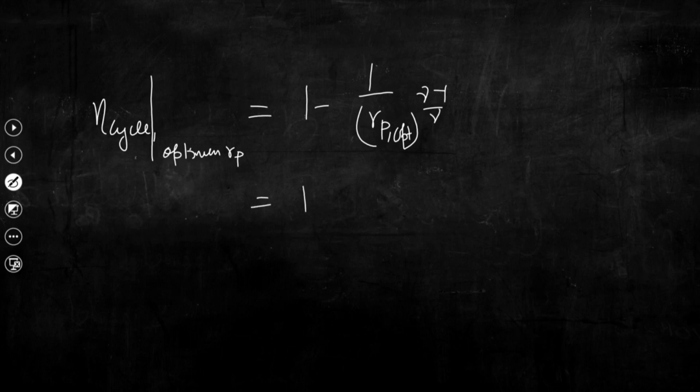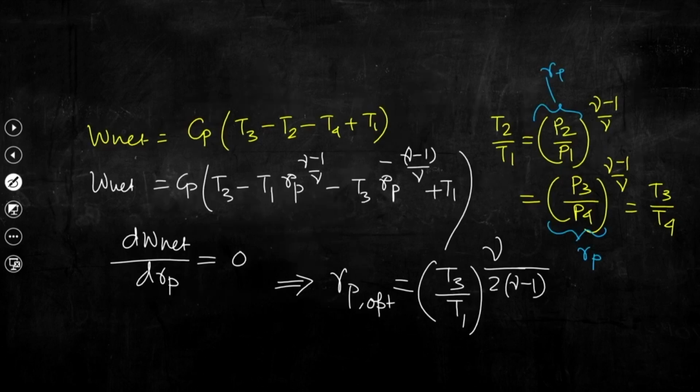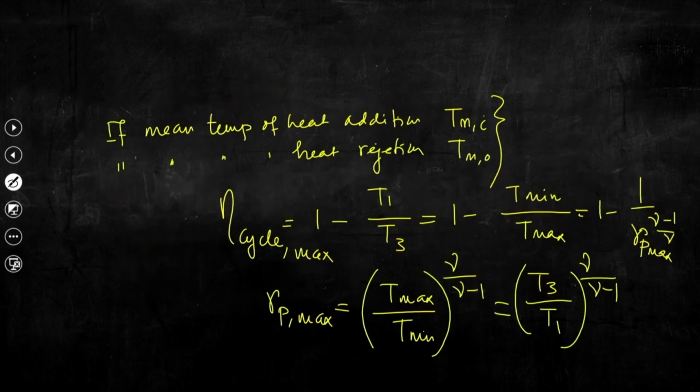So, that means 1 minus, what is Rp optimum? Rp optimum equal to root of Rp max, and Rp max equal to (T max by T min) power gamma by (gamma minus 1), that already we have written. Okay. So, what we can write here?